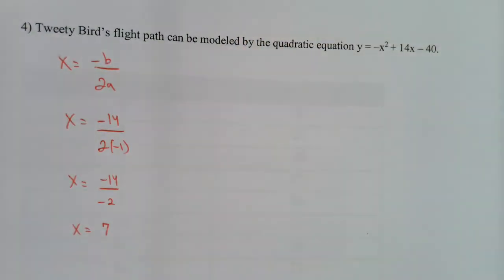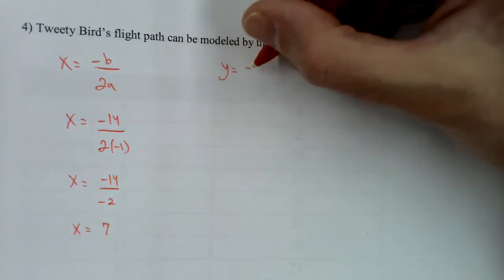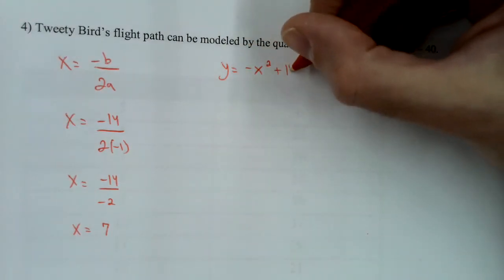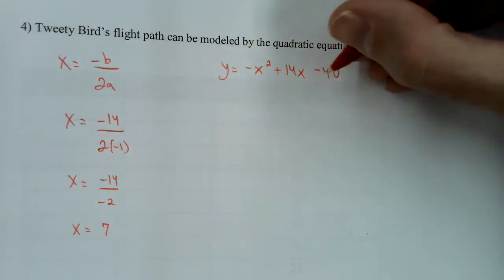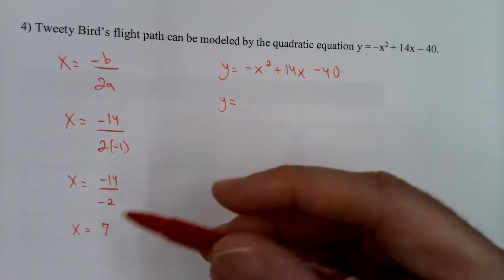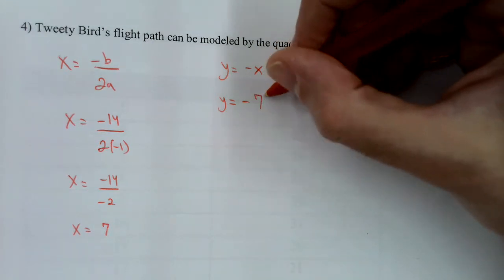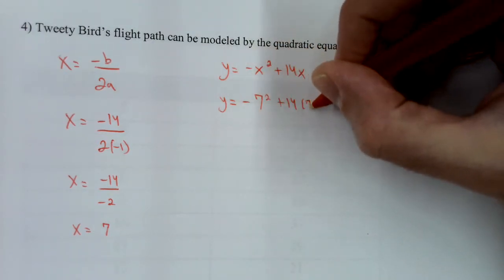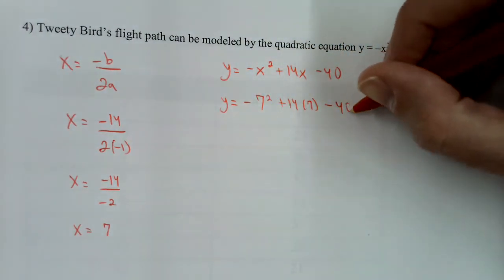Now we need the actual vertex, so let me just recopy down the formula. Let's replace the x with 7 from this number right there. Negative 7 squared plus 14 times 7 minus 40.